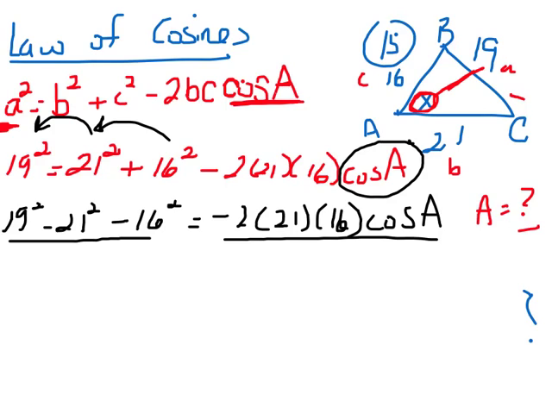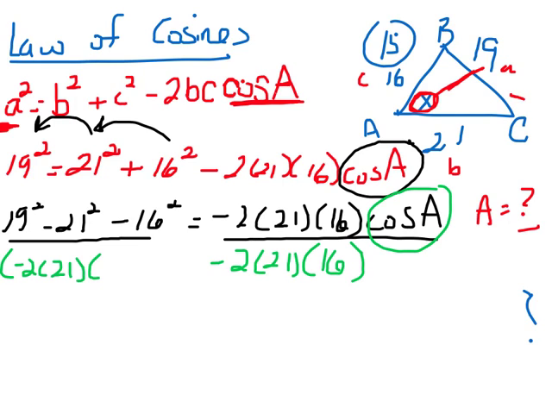If I'm trying to solve for cosine A, isn't all this stuff multiplied in front of it? Isn't that just what that's saying? Wouldn't it be negative 2 times 21 times 16 times the cosine of A? So couldn't I divide both sides by all those numbers, like this? See what I'm doing?